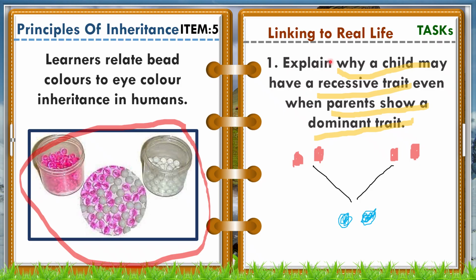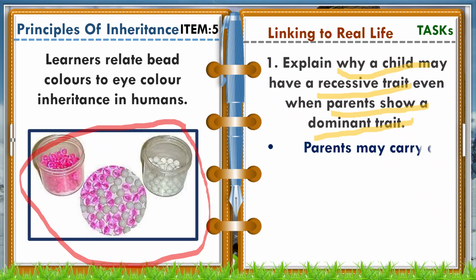So they want us to explain why a child may have a recessive trait, yet the parents show a dominant trait. Parents have got red eyes, and the child has got blue eyes. Can you explain that one? Why is it like that? Parents have got red eyes, and the child has blue eyes.